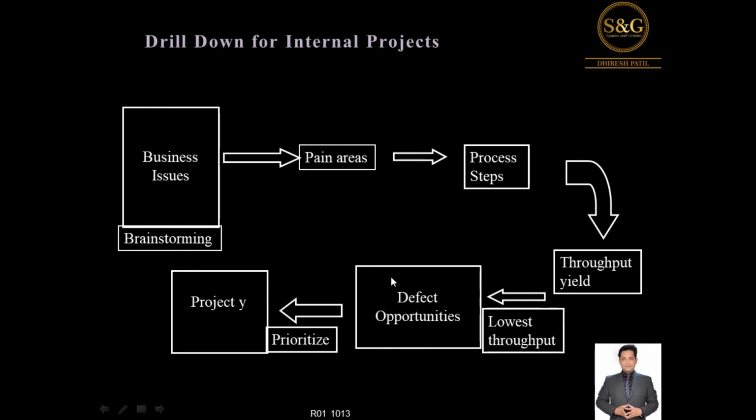According to that analysis we identify our project Y. We prioritize our project Y on the basis of Pareto analysis, the 80-20 analysis, which we have already learned. So this is the entire process of internal project selection. Now we will look at the process in detail from the next slide onwards.